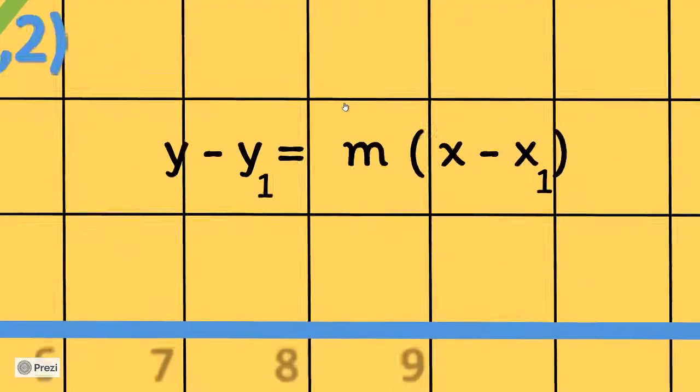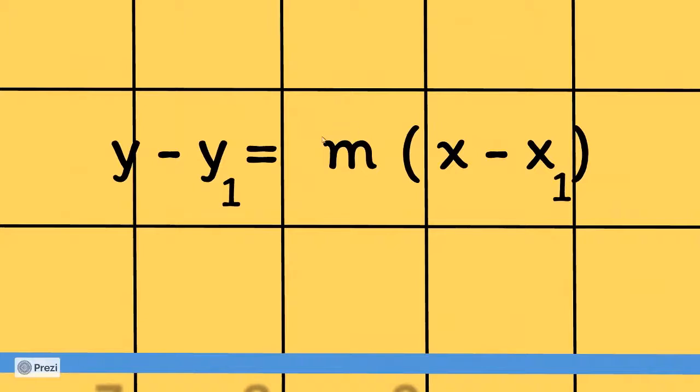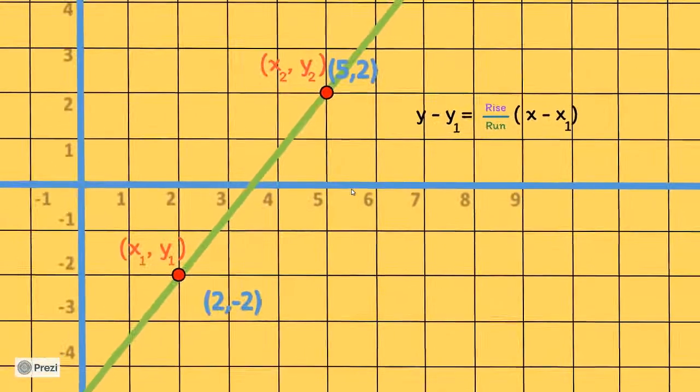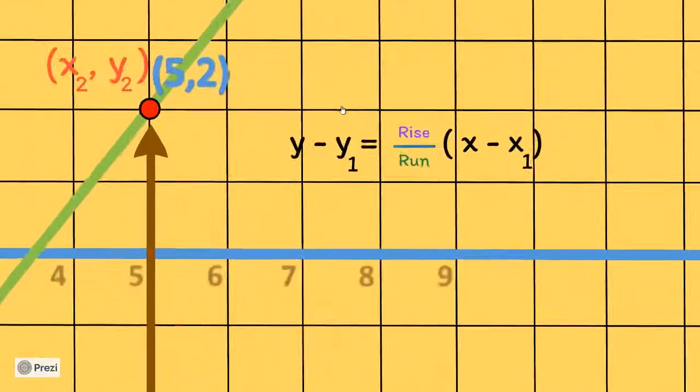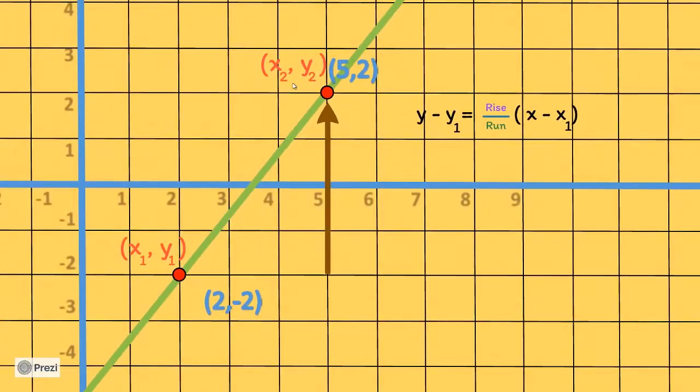Now look at this equation. What is m? The slope is equal to rise by run, right? You saw that. Now what is the rise here? If you look carefully, the rise is the difference between the y coordinates, that is y2 minus y1.